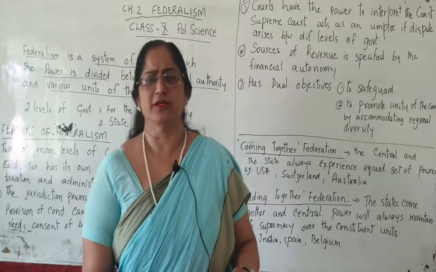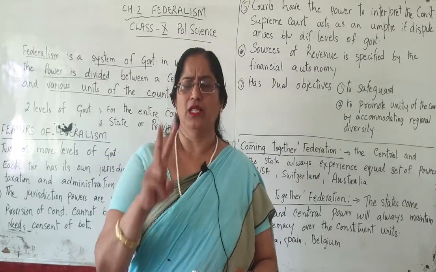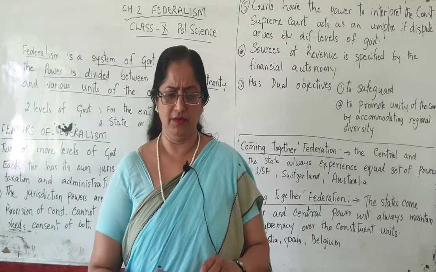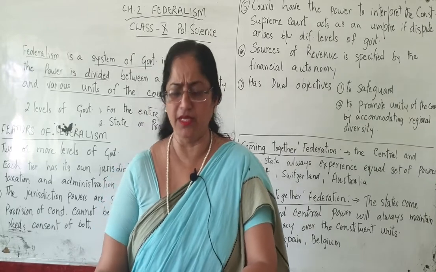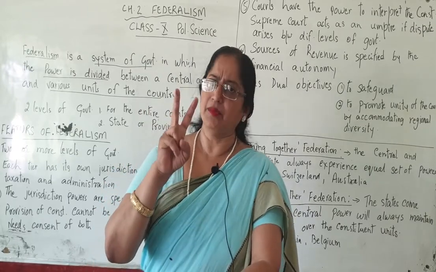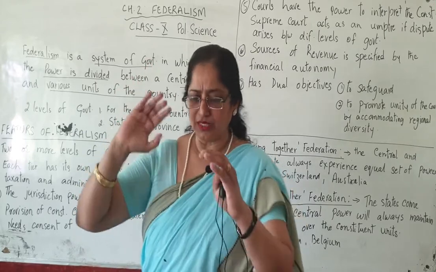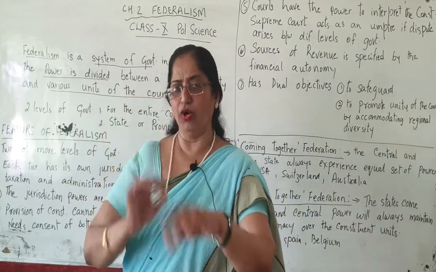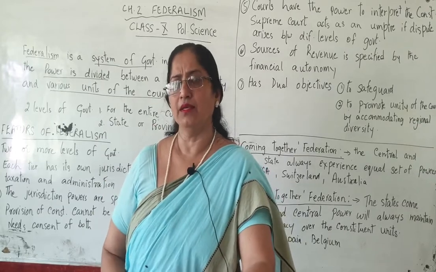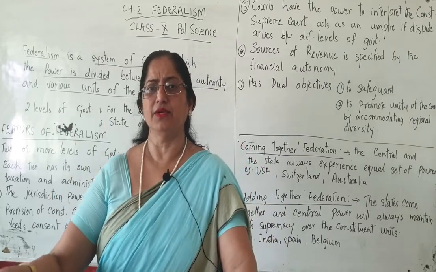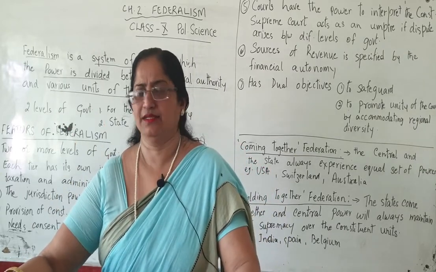In federalism, there are two levels of government. If we say federalism, that means there are two types of government. One is at the center, holding the whole country. The other is the government in the state.